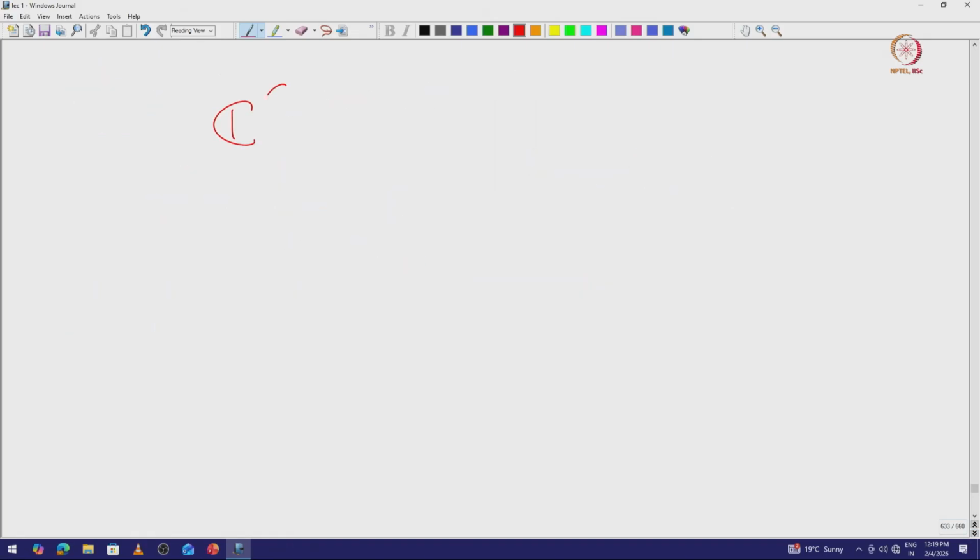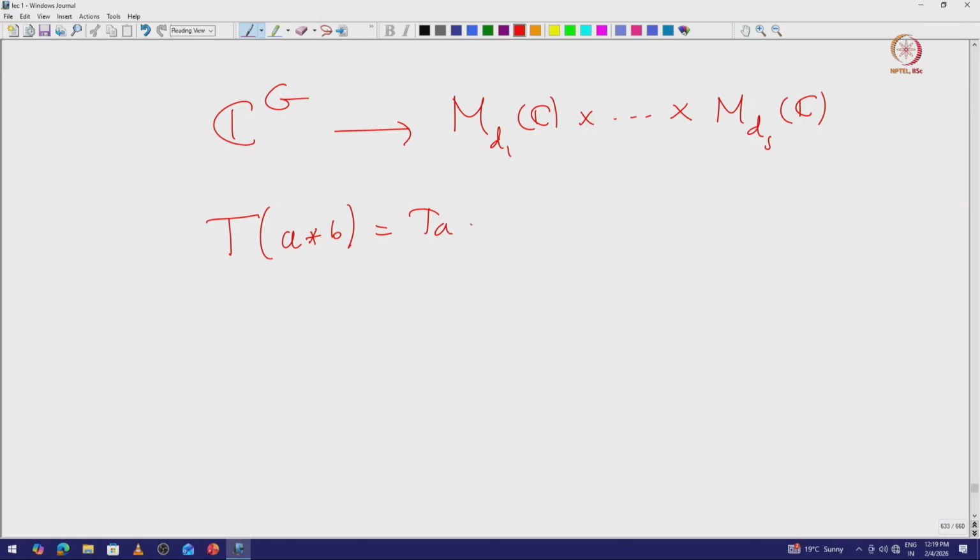You have the product of the matrices, and since it is the direct product, it is enough to focus on the particular coordinates.